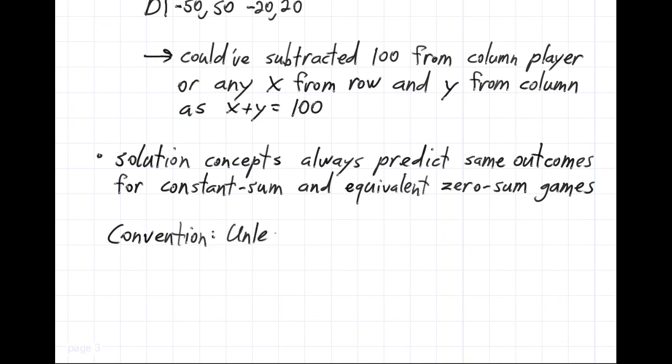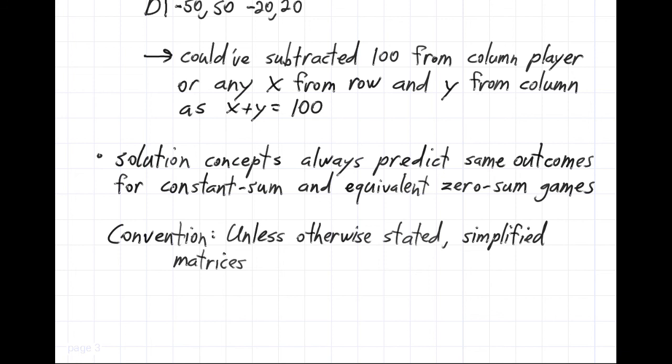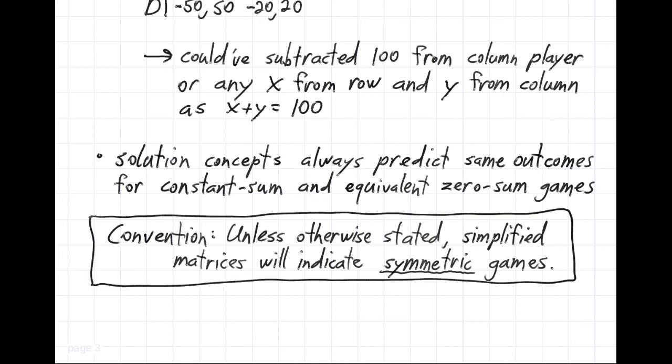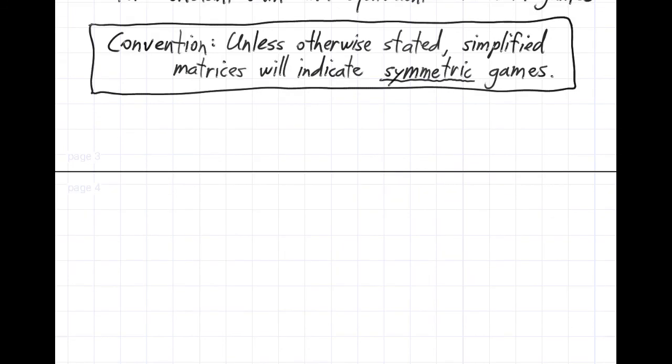Unless it's otherwise stated somewhere, when you see simplified matrices, they will indicate symmetric games. Okay? So if you are looking at a simplified matrix, you can safely assume that it's a symmetric game unless it says somewhere explicitly that it's a zero-sum or constant sum.